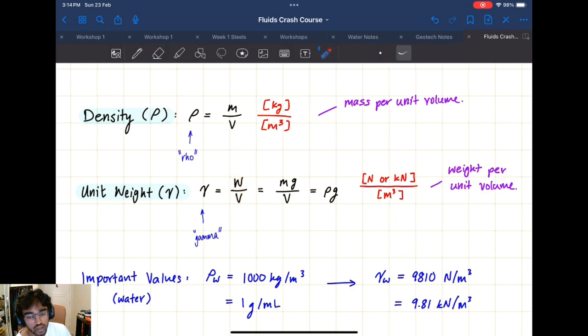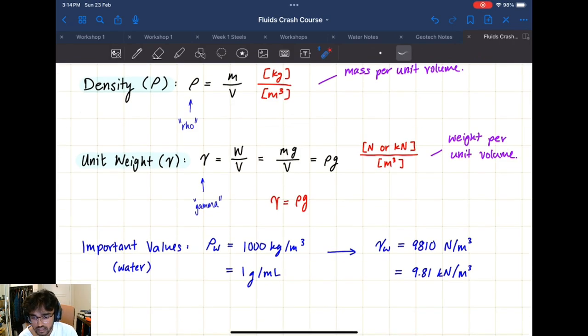You can break down weight even further because W is equal to mg, so mg divided by V. And because we know that m divided by V is our density, we can say that our unit weight is equal to rho times g. It's pretty much just density multiplied by gravity.